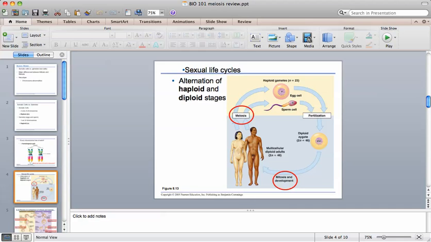The egg and the sperm combine to produce that first diploid cell. When they combine, that process is called fertilization. That diploid cell then divides by mitosis and develops into the organism, either a male or a female. So we see both the diploid and the haploid cells in this human life cycle.